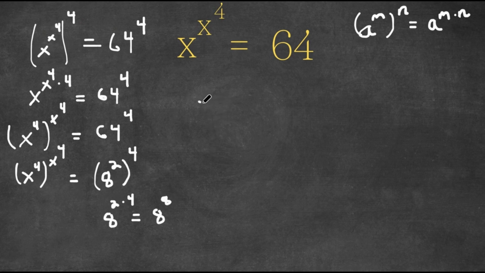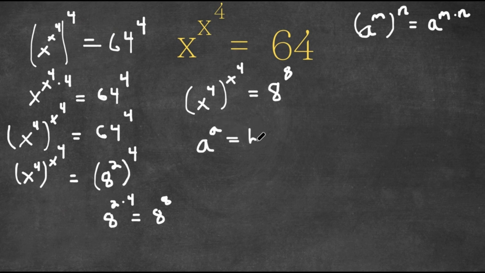So now I'm going to write this all here: x to the power of 4 to the power of x to the power of 4 equals 8 to the power of 8. And if we have an equation in the form a to the power of a equals b to the power of b, this also means that a is equal to b.